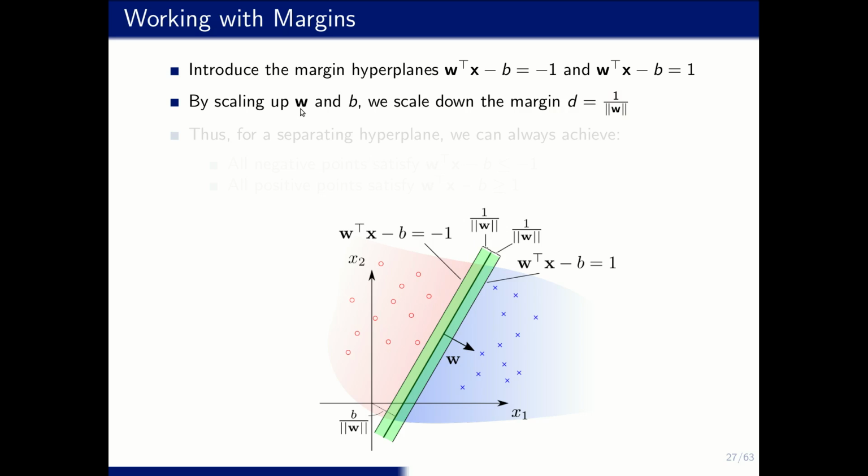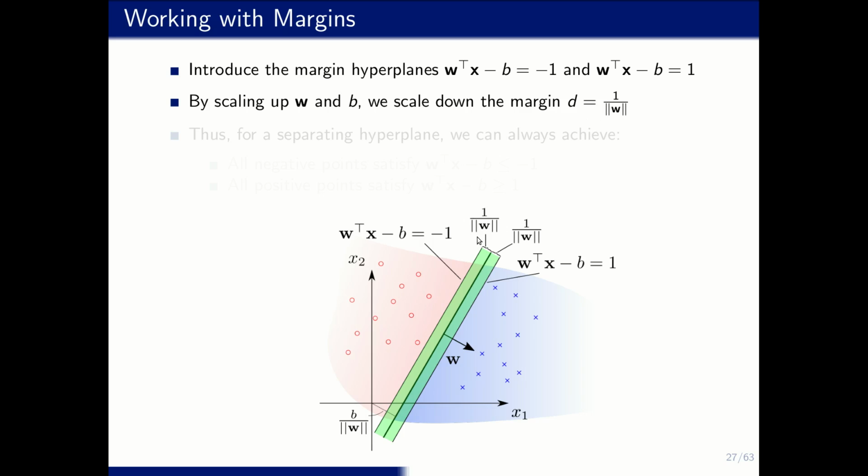If we now scale w and b by some positive constant, then we scale down the margin d. If we scale w and b times 100, we would scale down the margin by 100 because it's reciprocal to the norm of the normal vector.